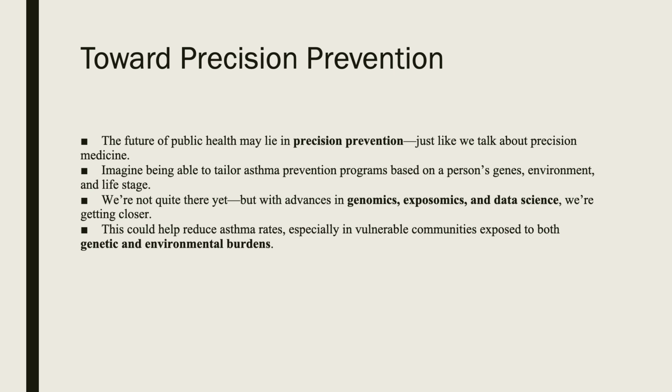No, we're not there quite yet, but with the advances that we are making in genomics, exposomics, and data science, we're getting closer day by day. This could help reduce asthma rates, especially in vulnerable communities, exposed to both genetic and environmental burdens.